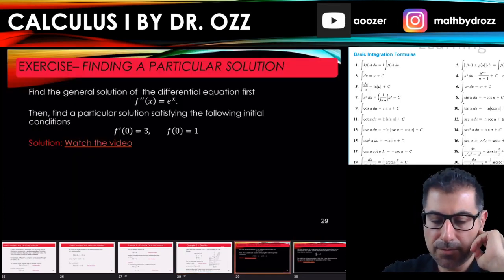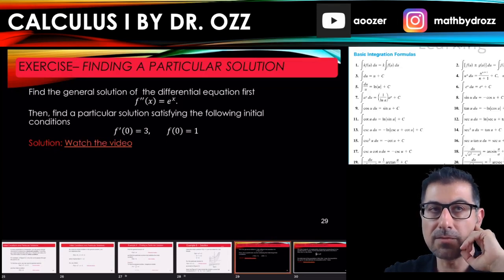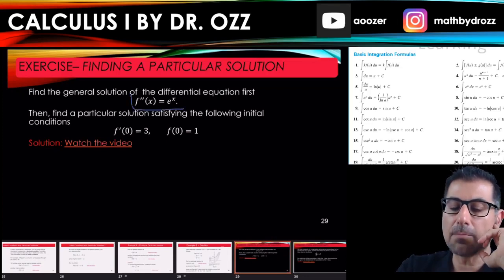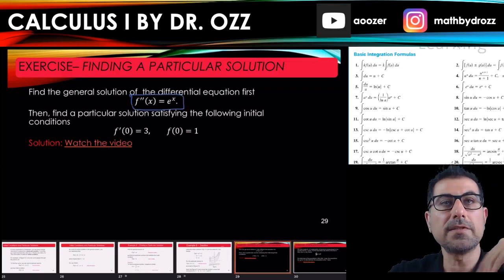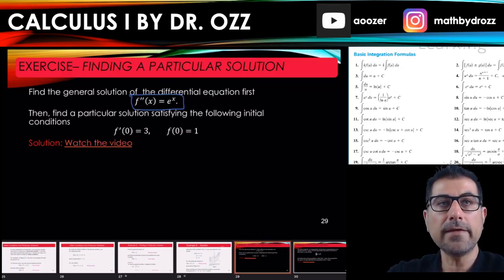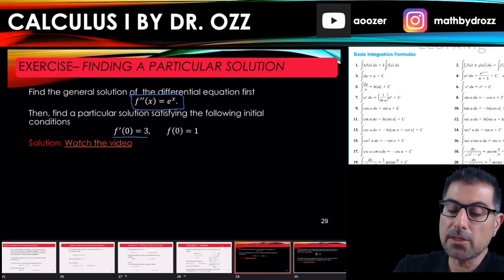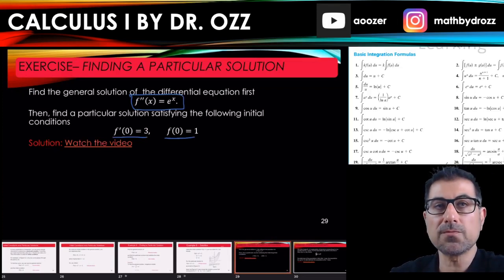And please go through this problem after you finish watching this video. This time you have the second derivative provided to you. So you have a differential equation, but this time the left-hand side is the second derivative of the unknown function f. This question provides you two initial conditions, one for f prime and the other for f.